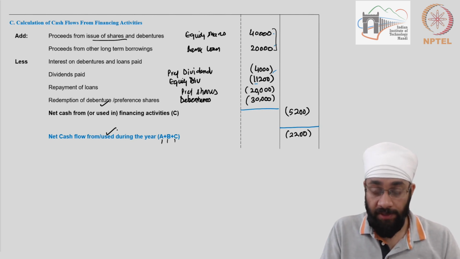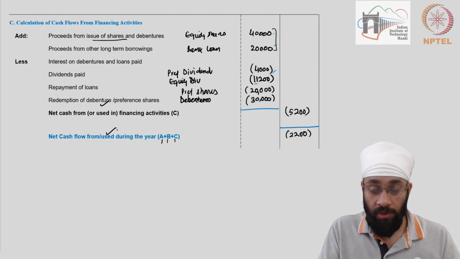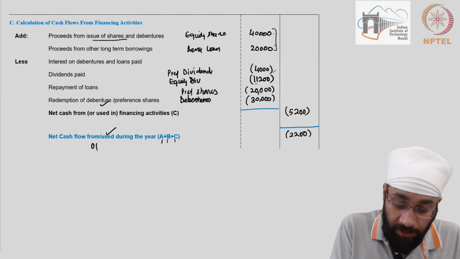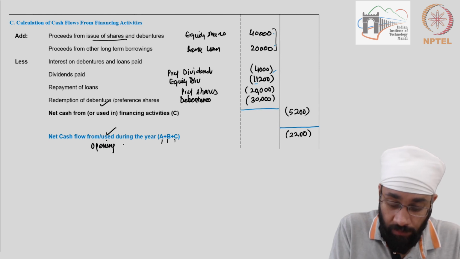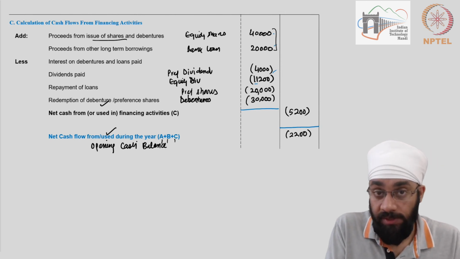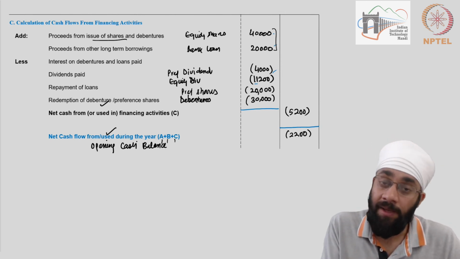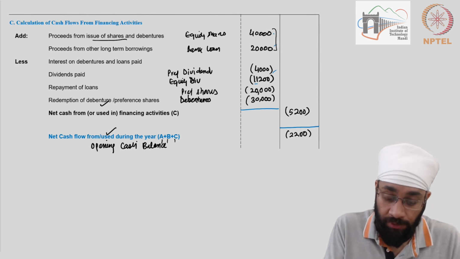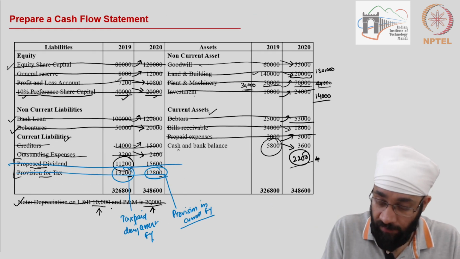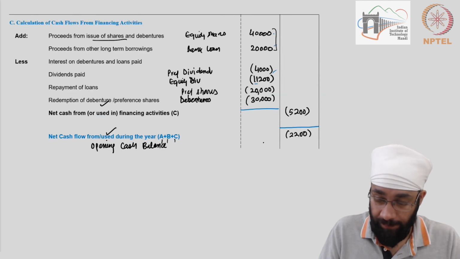Now to verify that this whole process that we did was correct, we will use the opening balance. So opening cash balance, and cash balance would include cash and cash equivalents. Cash equivalents will include bank balance and also the marketable securities. So the opening cash balance in the balance sheet was 5,800.